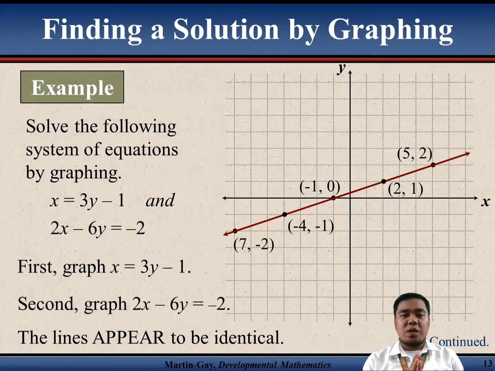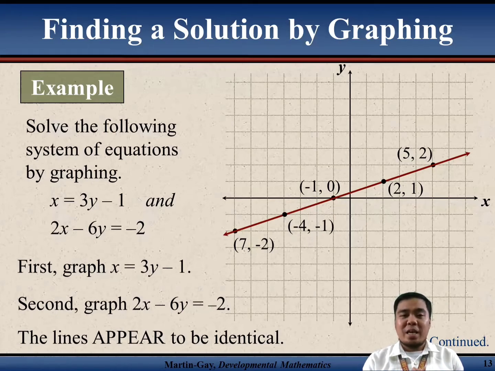Another case that we are going to experience is when we graph x = 3y - 1 and 2x - 6y = -2. As you have noticed in the graph, it appears to be identical, or they have the same graph.